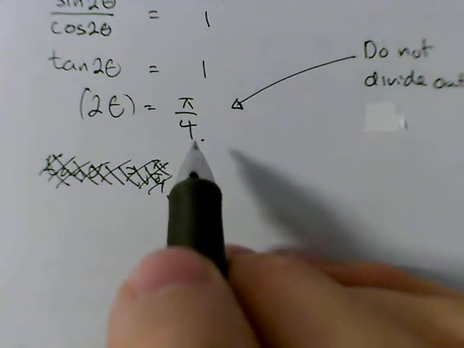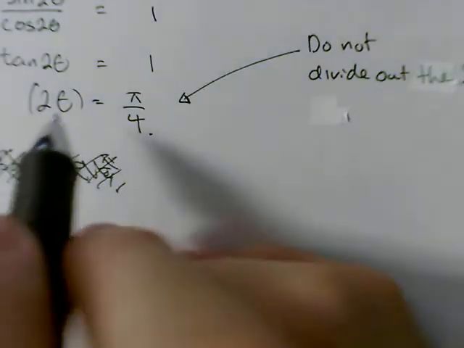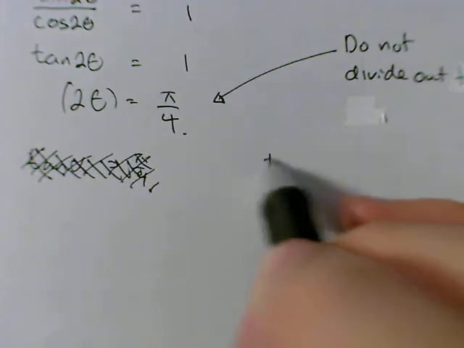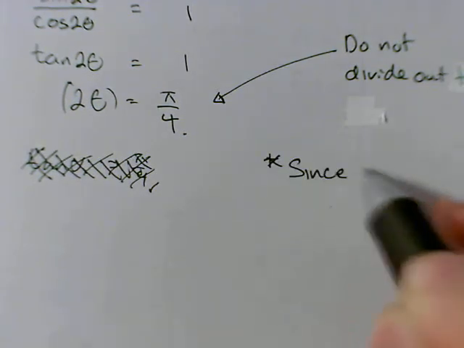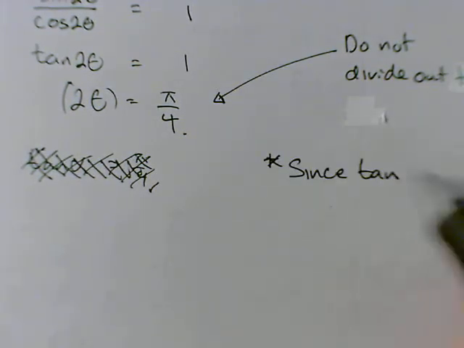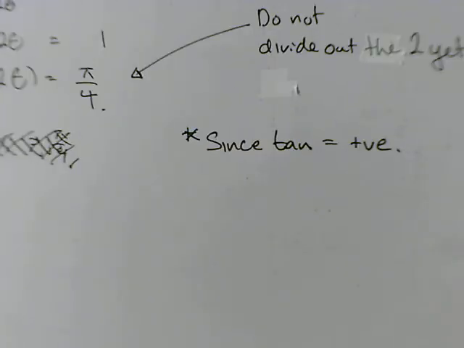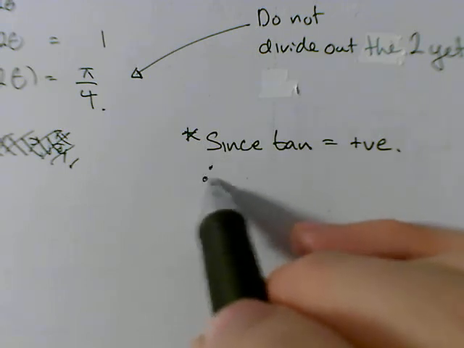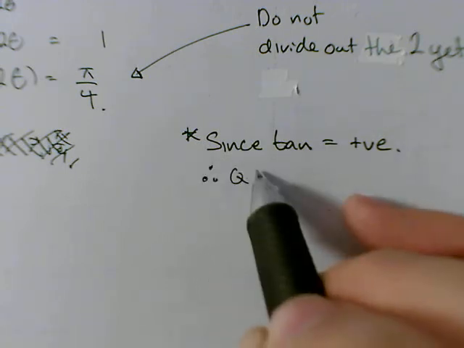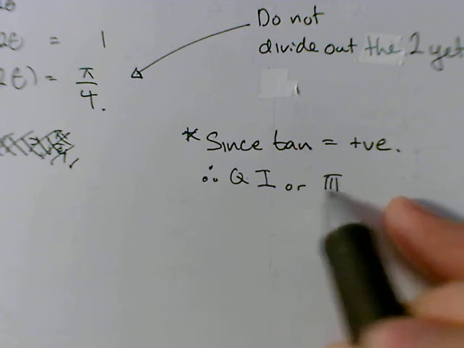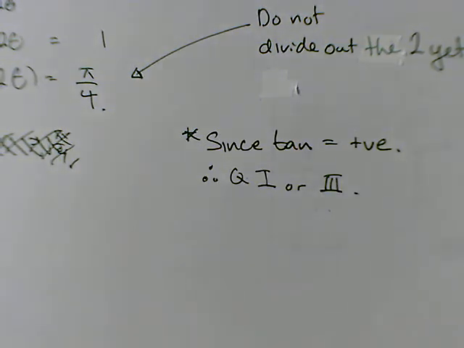Okay. So from here, I said do not divide it. Since tangent gave me a positive value, that means it must be in quadrant 1 or 3. With me so far?